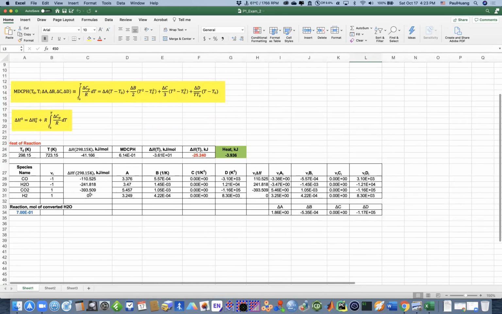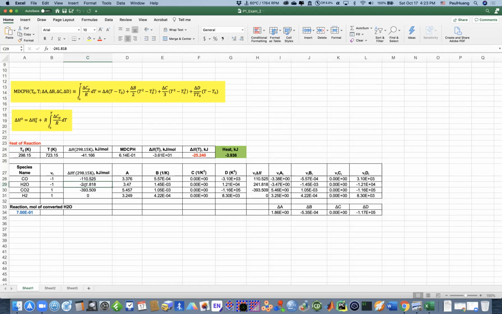When you look at those coefficients, I especially want to point out the appendix, on the page of 659, where we have the heat of formation value for both water liquid and water vapor.